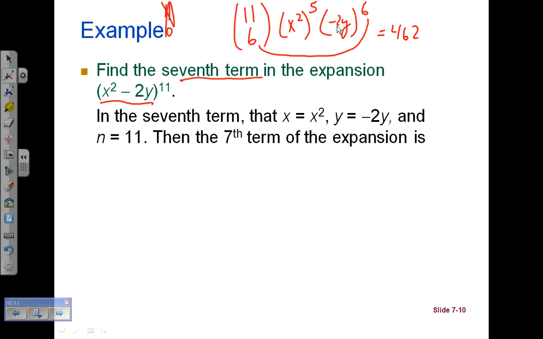It's going to be x to the 10th. What is negative 2 to the 6th? That's 64. Y to the 6th. So 64 times 462. My guess is 29568 x to the 10th, y to the 6th.